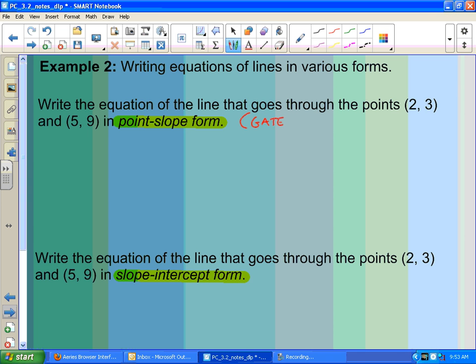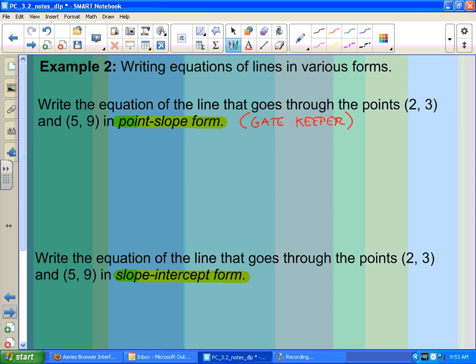You can also do slope-intercept. So there are a couple different ways to write equations of lines given some points. But what you need to do is realize the name of the equation tells you what you have to write that equation. So a point-slope means I need to have a point and a slope to be able to write the equation.